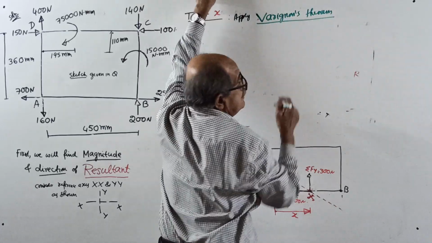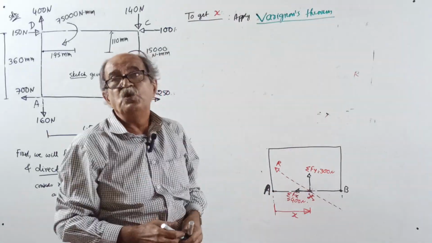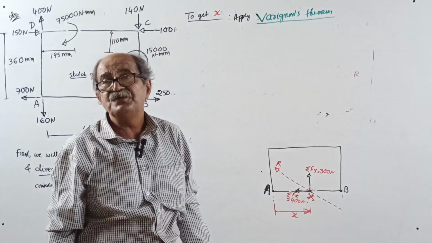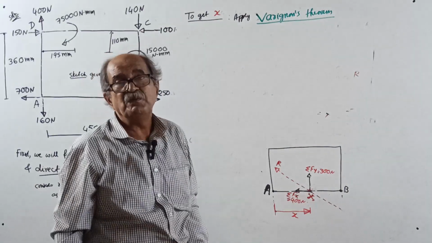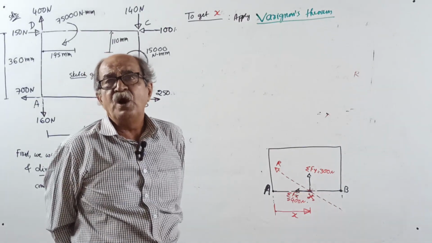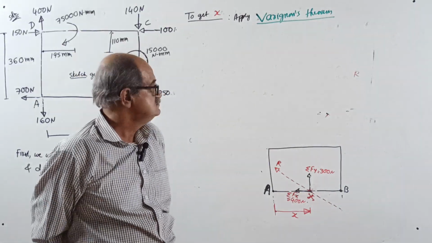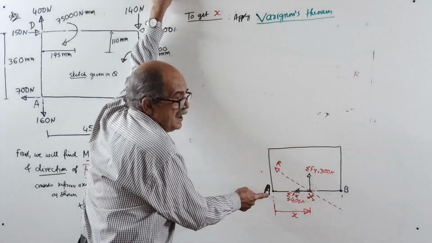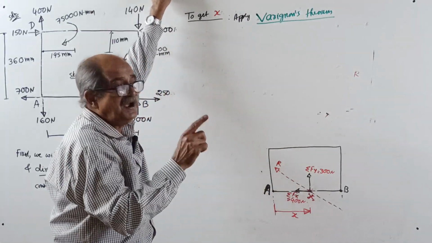Right. In the procedure, to locate that point x or to get the distance x or y later sometimes, apply Varignon's theorem. First, decide about which point you are going to take moment. See, from which point you took x, moment should be taken about the same point.